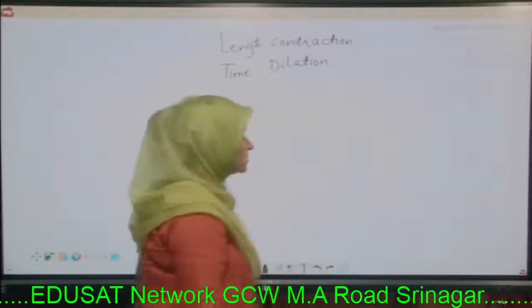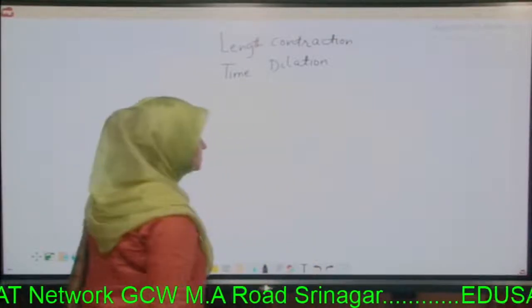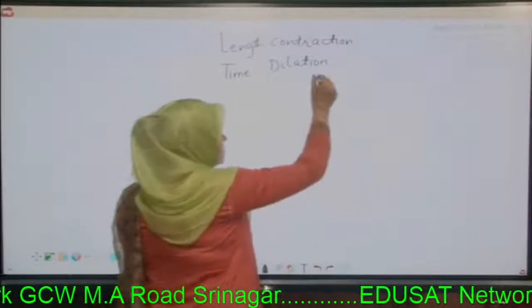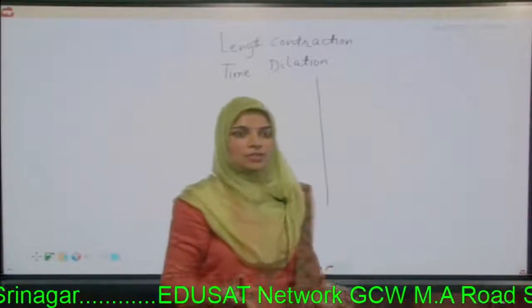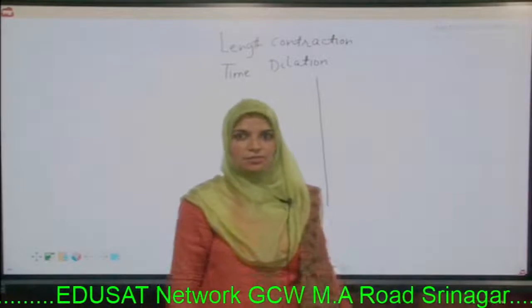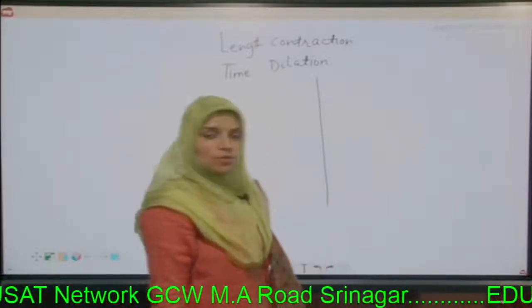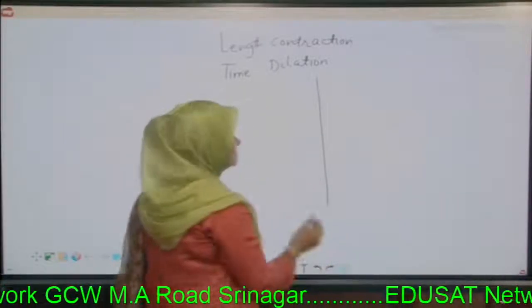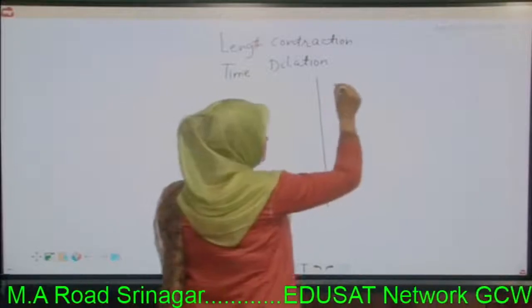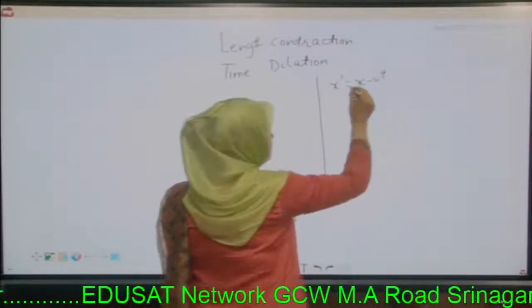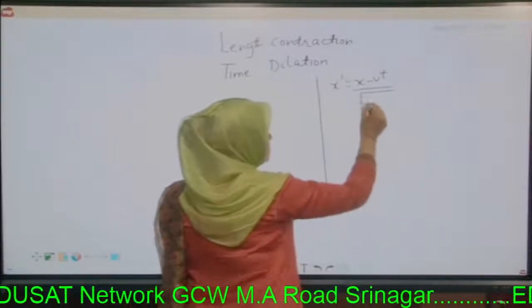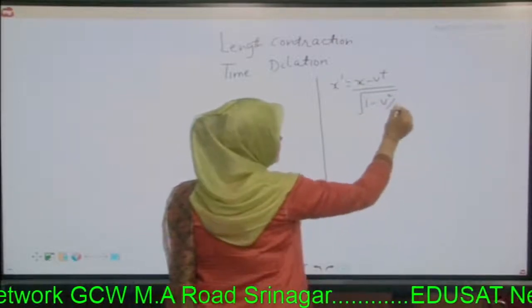Now let us go back to what we have done in the previous video. We have talked about Lorentz transformation equations that serve as a standard convention in describing the events pertaining to special theory of relativity. And what are the four equations, the master equations? Those are x dash is equal to x minus vt divided by square root of 1 minus v square by c square.